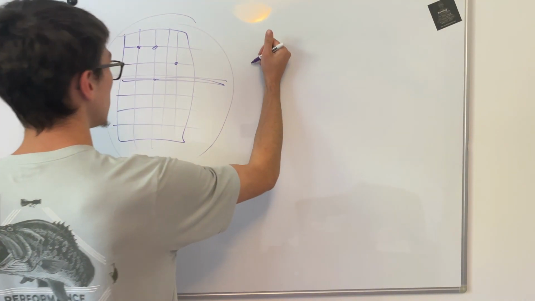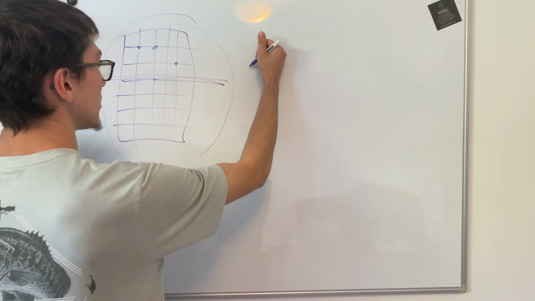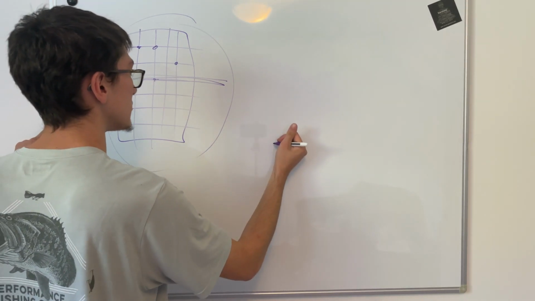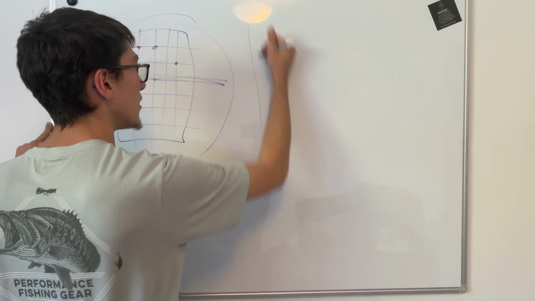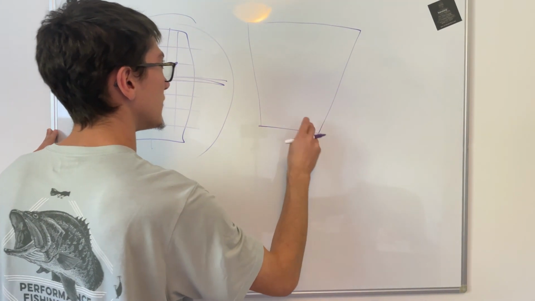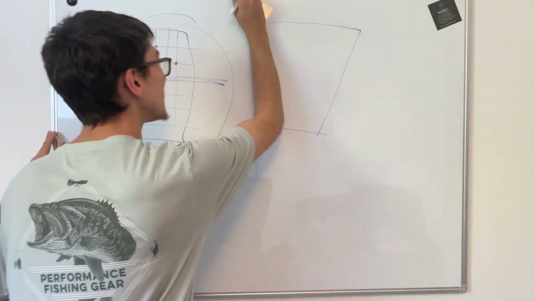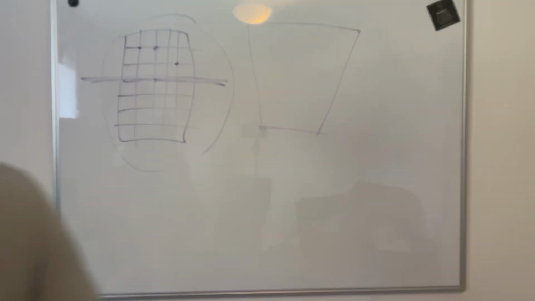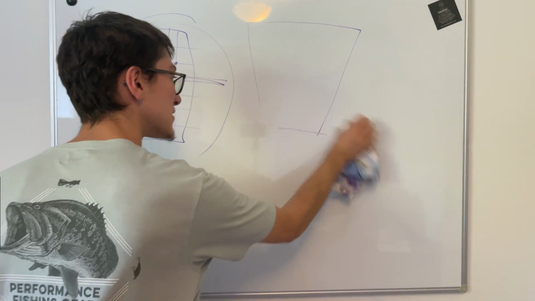So maybe it would look something like, I'm not really good with 3D, but perspective would be here, so you would see something like this. Well, that's not a great way to see it. Let me erase this real quick.